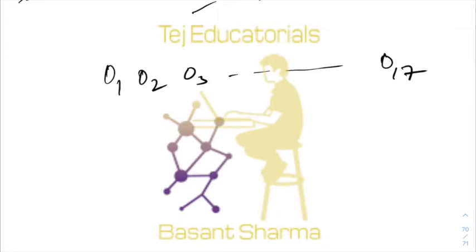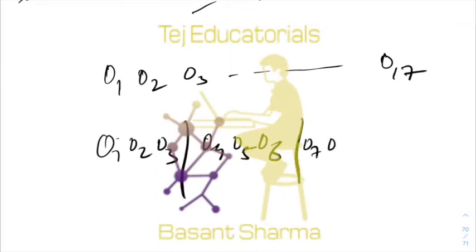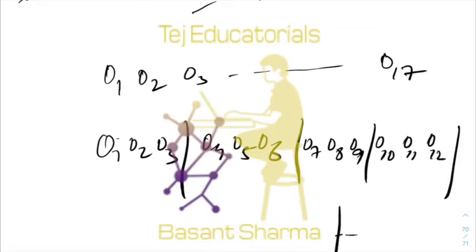So you have group 1 which has O1, O2, O3, then O4, O5, O6, O7, O8, O9, O10, O11, O12, and lastly you have O13 till O17.